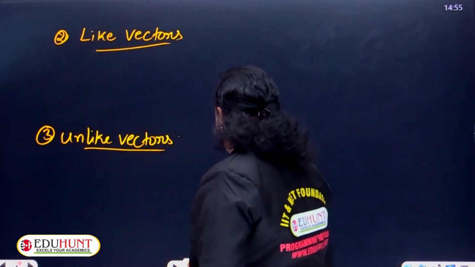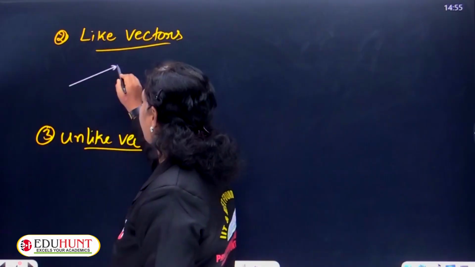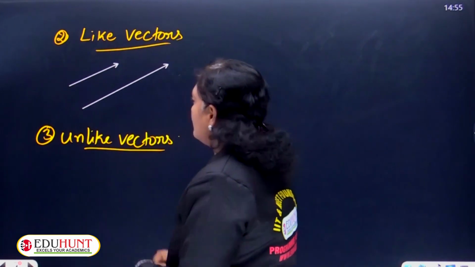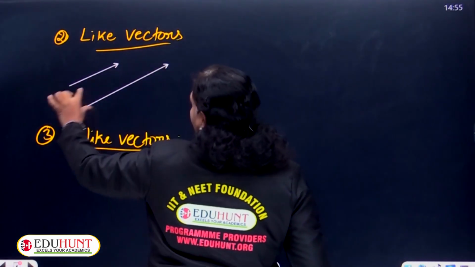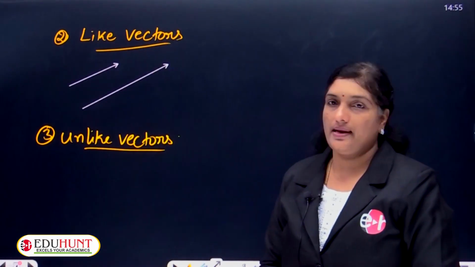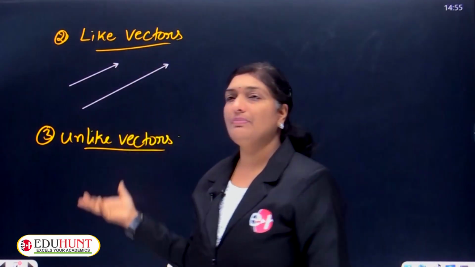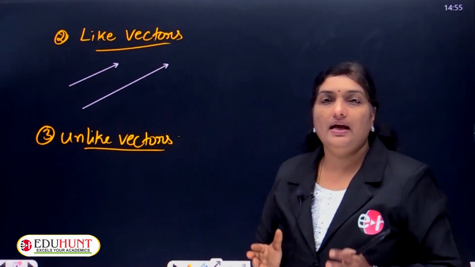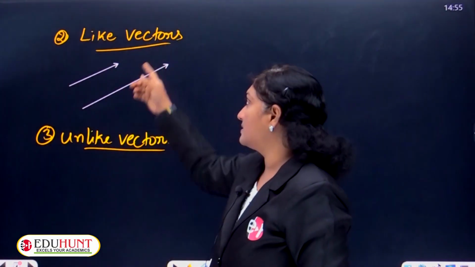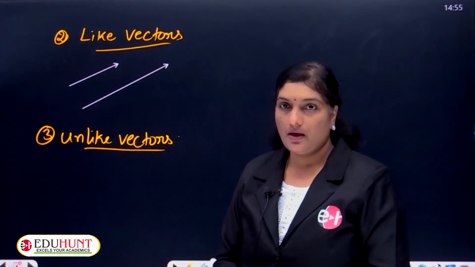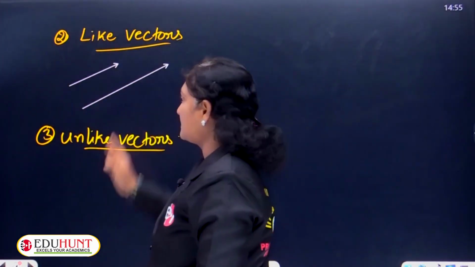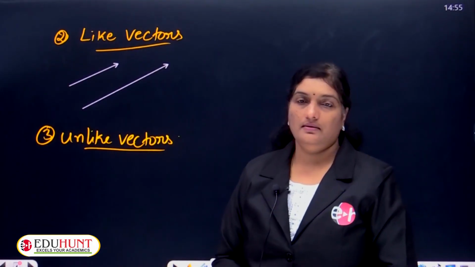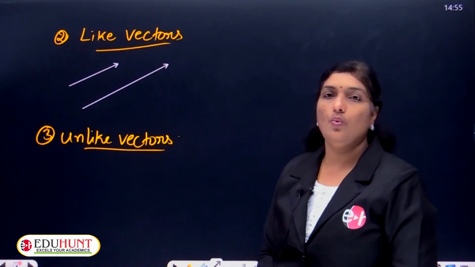If you consider two vectors like this, we can clearly say that they are representing the same direction, but their magnitude may be different. As they both represent the same direction, we can also say that they are parallel vectors. Like vectors can be parallel vectors.